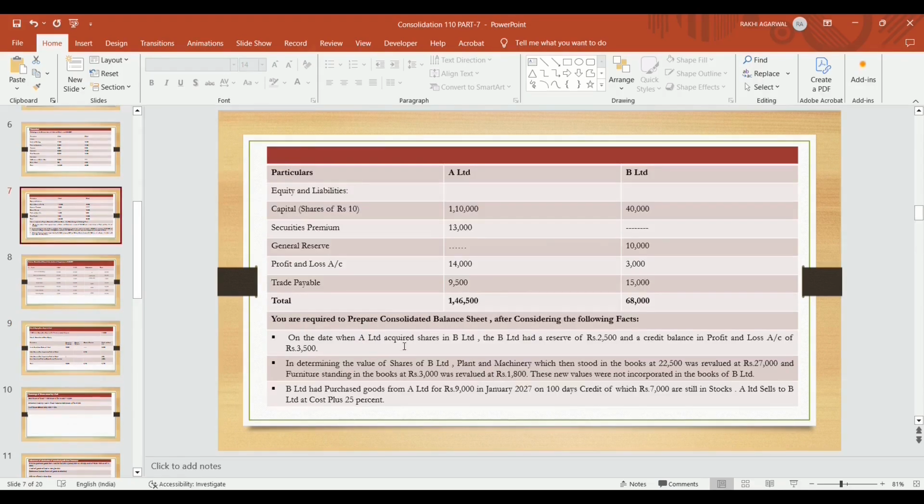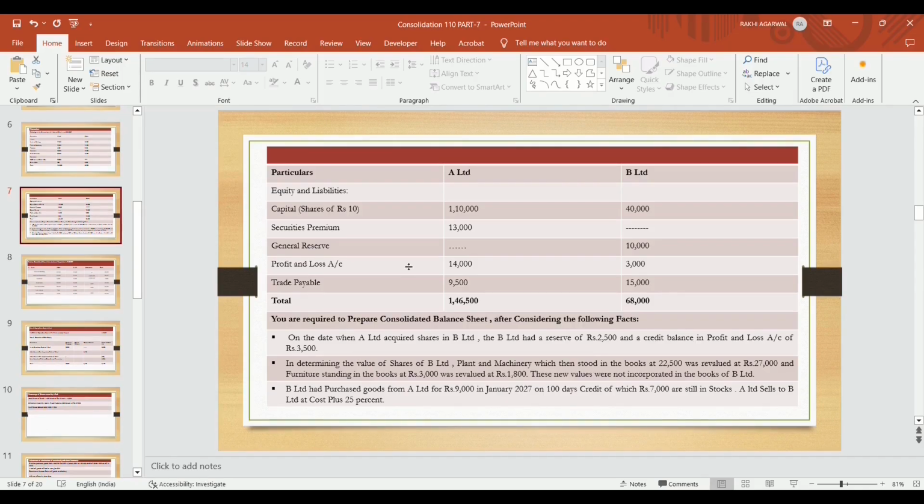On the date when A Limited acquired shares in B Limited, B Limited had a reserve of 2,500. It is given in the question that on the date of acquisition the reserve is given. This balance sheet is related to the date of consolidation and the reserve is given on the date of acquisition, that is 2,500, and profit and loss, which is a credit balance, is rupees 3,500.